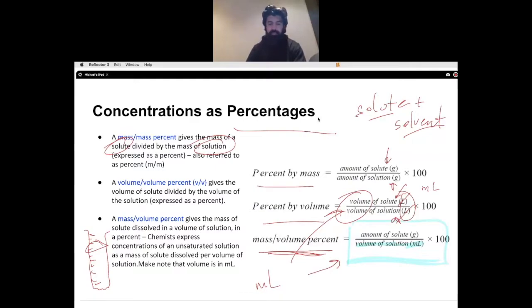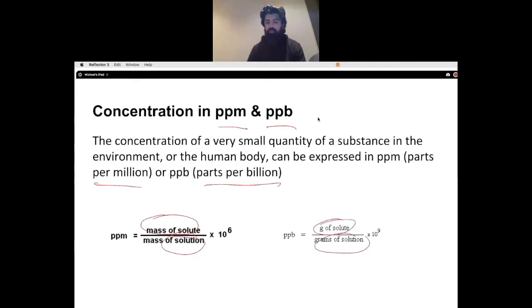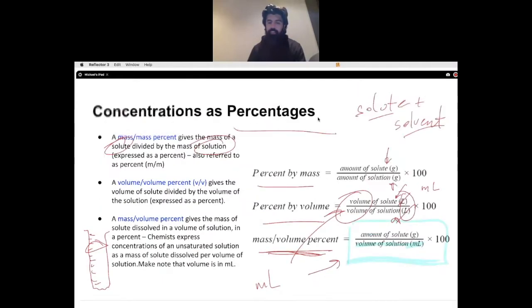Okay. Let's move on. Another concentration that we're going to be looking at here is concentration in PPM or PPB. PPM stands for parts per million and PPB parts per billion. For the parts per million, we are using mass units for our solute over solution, just like we saw here.